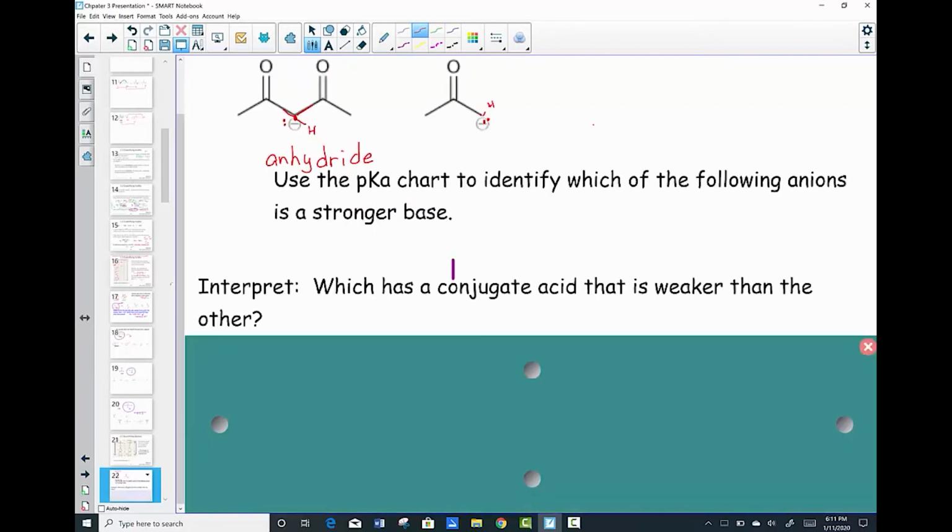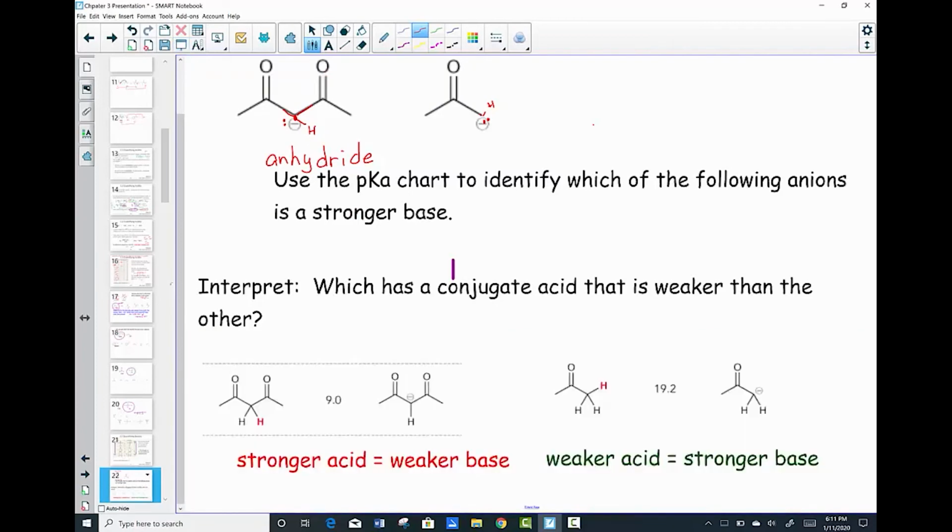Find those values, and then we can compare. When you found the base on the right side, the conjugate acid on the left side, you saw a value of 9.0 for the conjugate acid. And on the other side, you found the conjugate base and acid given a 19.2.